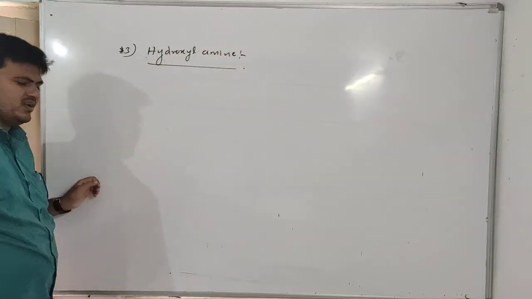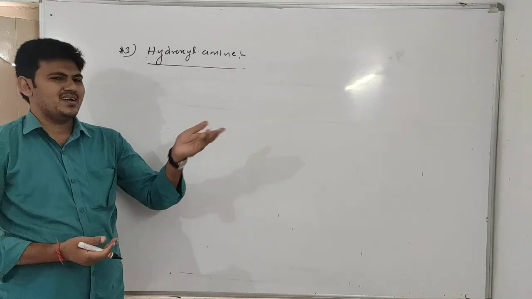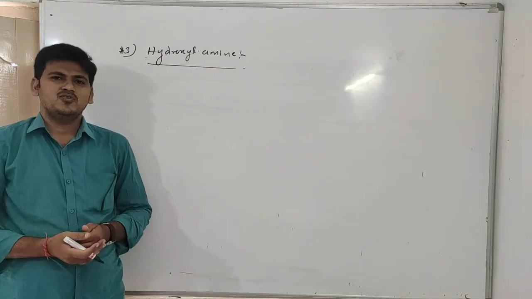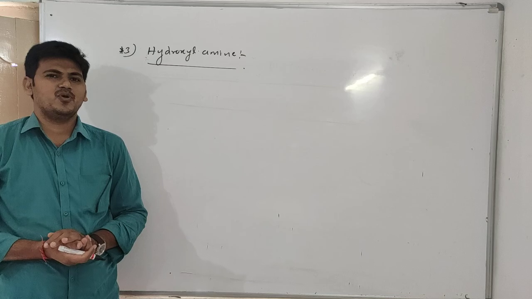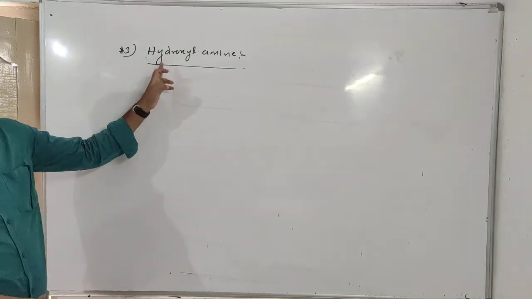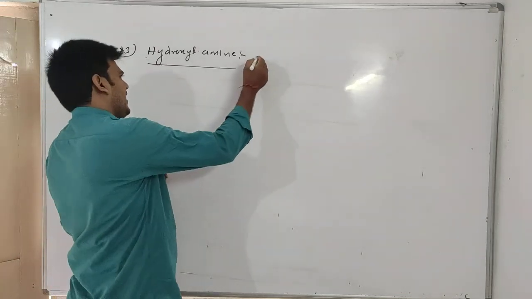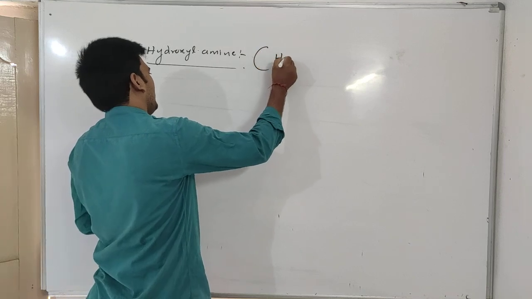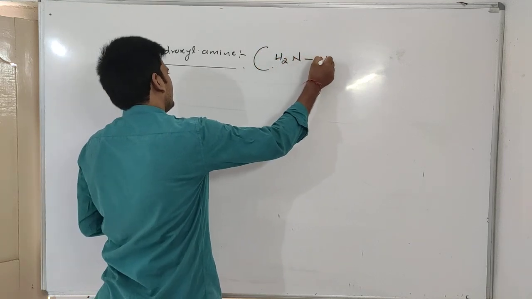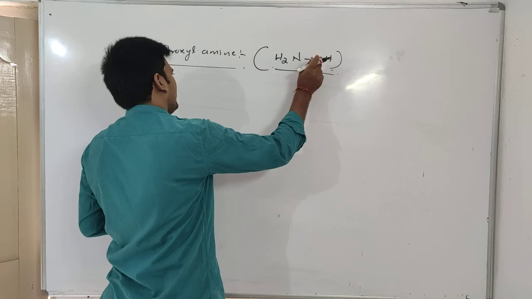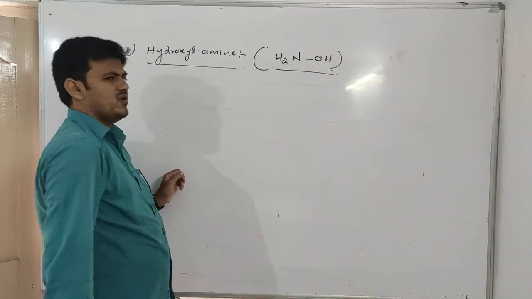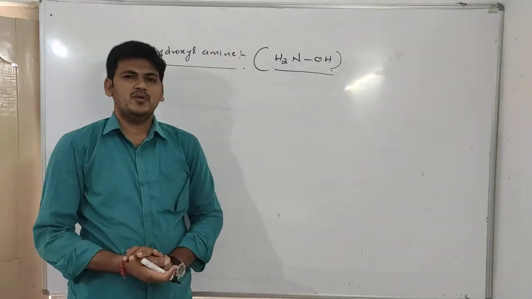First property, hydrogen cyanide, and the products are cyanohydrins. Second one, sodium bisulfite, and the products are sodium bisulfite addition products. And the third one is hydroxylamine. Generally, the hydroxylamine formula is H2N-OH, NH2OH.